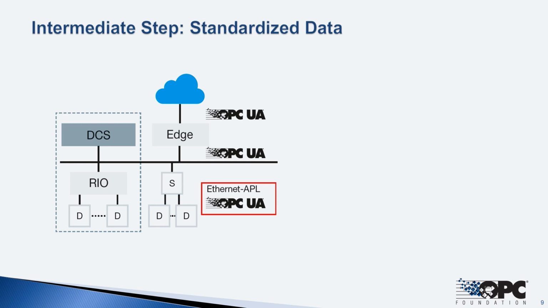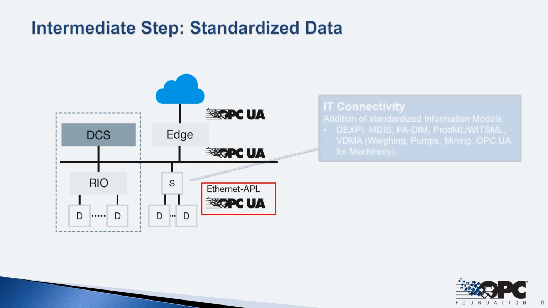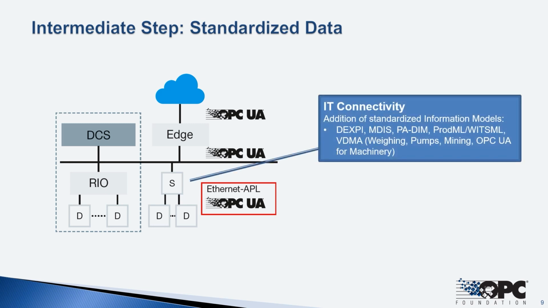In both of the upcoming two slides, we're going to be talking about standardizing data. This particular slide shows changes that we can make on two fronts with respect to industrial control system migration. First of all, with respect to IT connectivity, we can deploy standardized data models that provide semantic structure to the confluence of both control and diagnostic data.